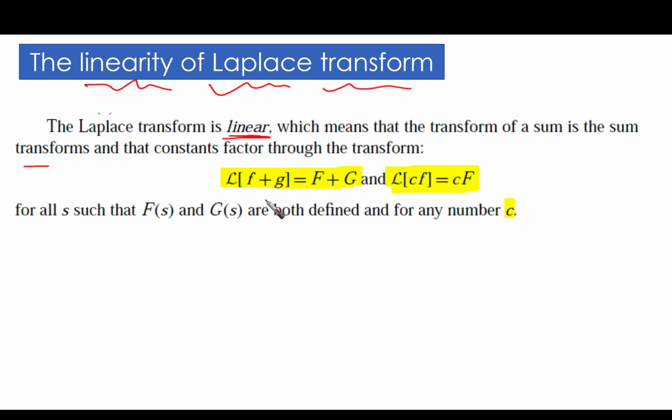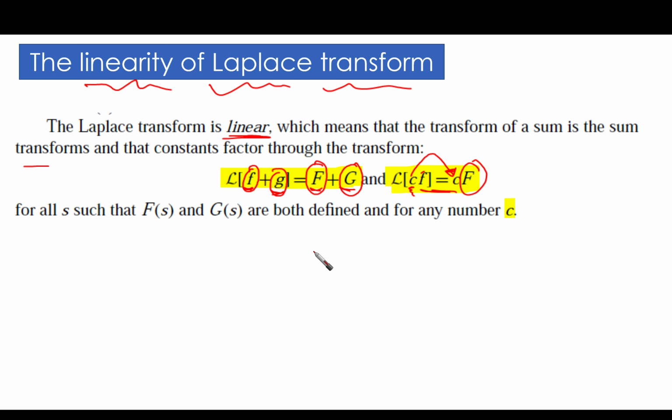What does it mean? If I have two input functions, f, lowercase, and g, another lowercase, this means that their Laplace transforms are going to be added. So we can put f uppercase plus g. And if we have one of the input functions multiplied by a constant, this constant can be taken outside of the Laplace transform of the function and they are equal.